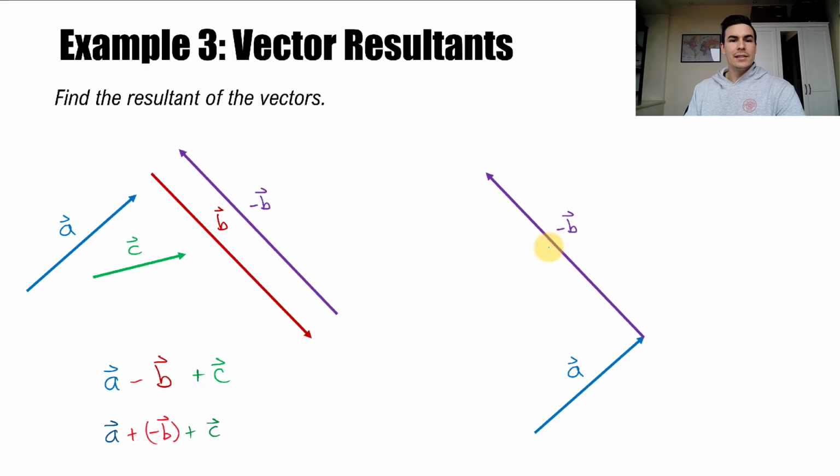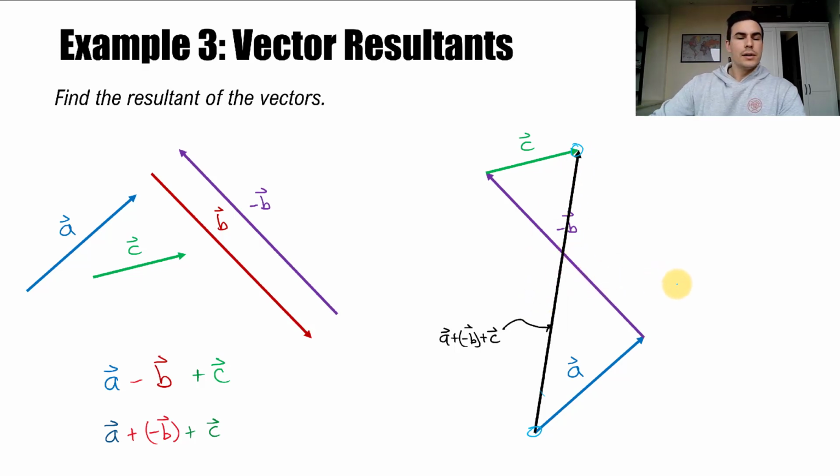And then I can add C, again just going tip to tail. My resultant here: my initial point is right here, and my terminal point is right here, the terminal point of C. So this is going to be my resultant vector. If you were asked for the magnitude and direction, then you would pull out your protractor and your ruler and measure both to find the angle, the direction, as well as the magnitude.